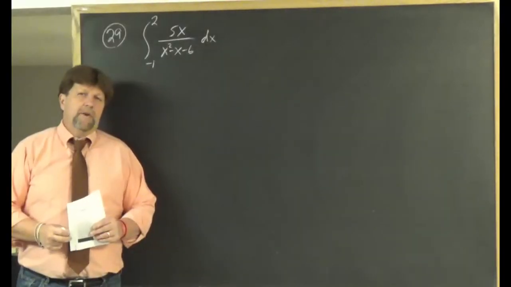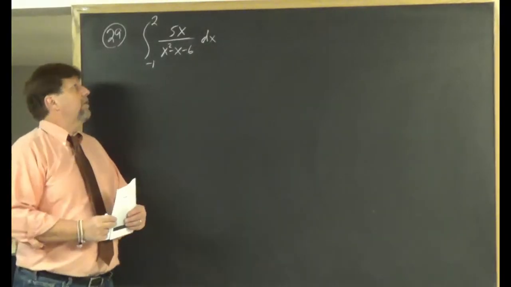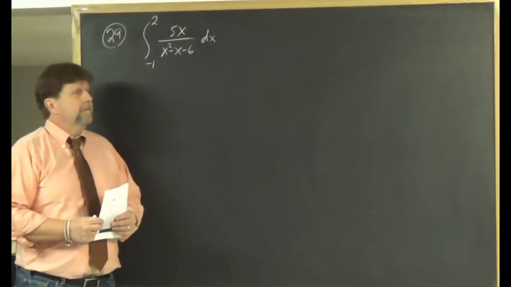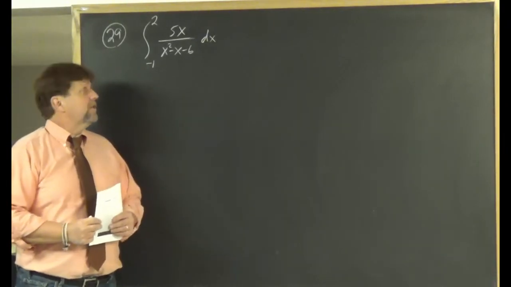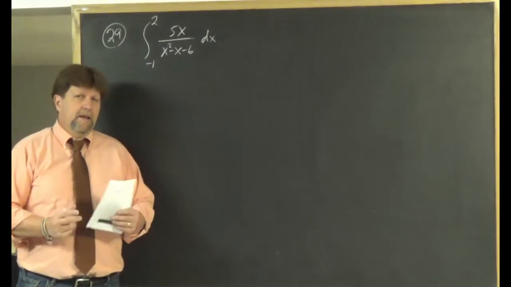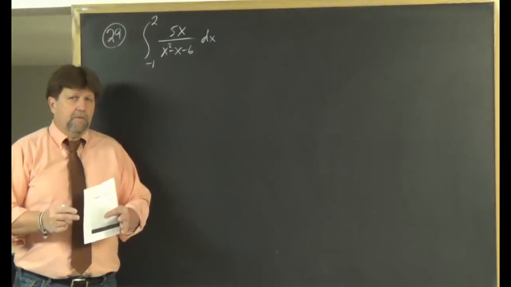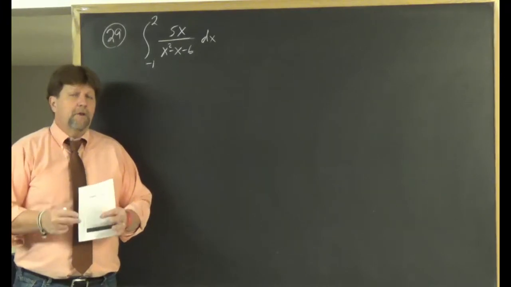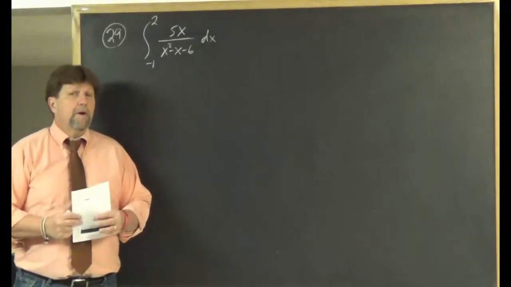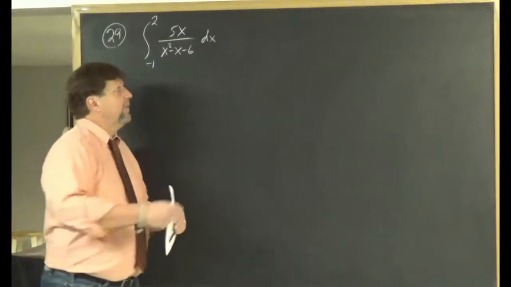All right, in 29 you were asked to evaluate the definite integral from -1 to 2 of 5x over x squared minus x minus 6 dx. So my integrand is proper, so I'm going to crank it through the process of partial fraction decomposition.